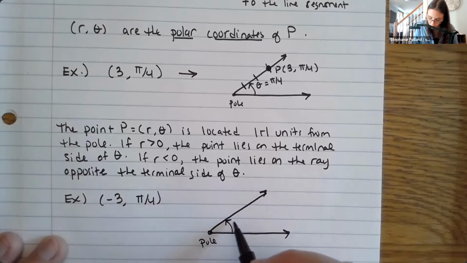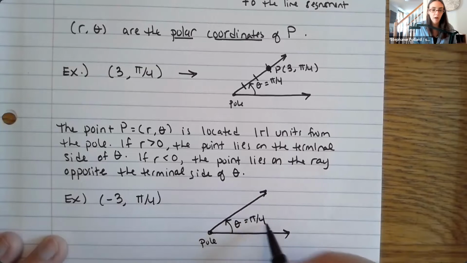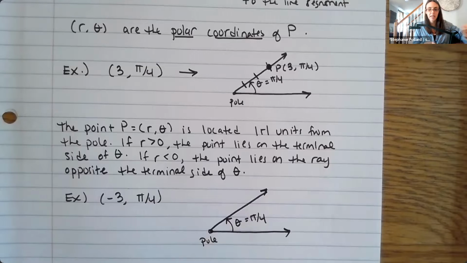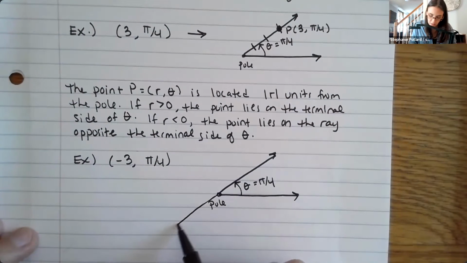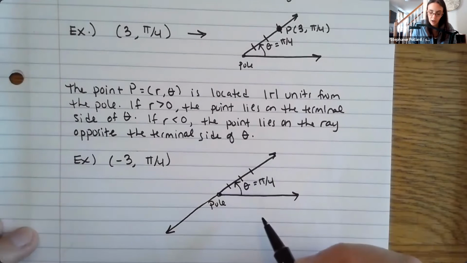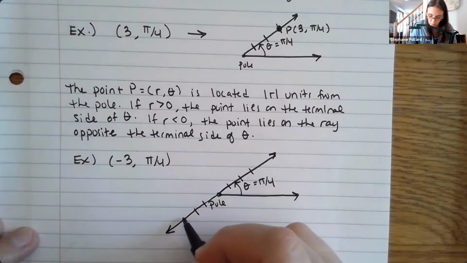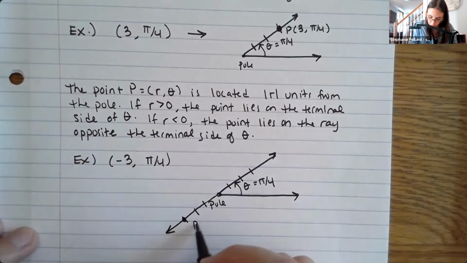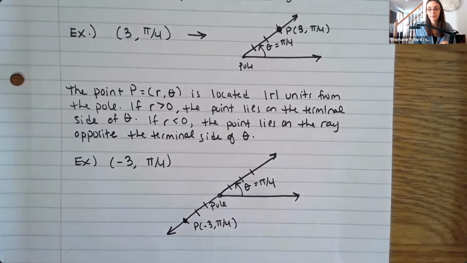Here's that same angle theta, which is pi over 4. And then you take the ray opposite it. So I would continue that ray in this direction. And instead of going 1, 2, 3 units up here, I would go 1, 2, 3 units down here. So it would look like that.